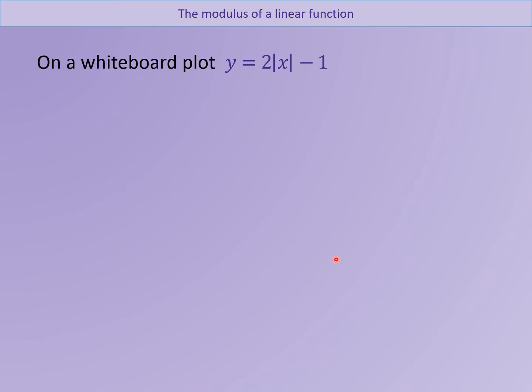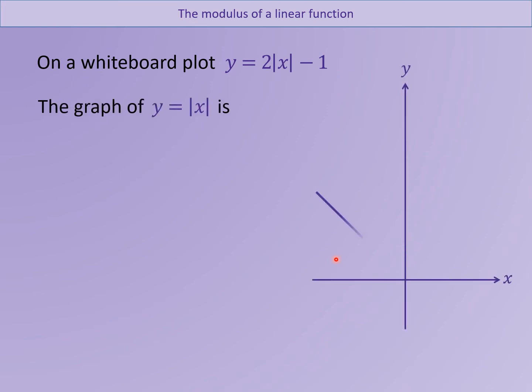Okay, so my starting position would be, think about what the graph of mod x looks like. So there's y equals mod x. And let's just do one bit at a time. What does the 2 do? What would you say 2 lots of mod x would look like? Well, we know that multiplying by 2, it's not inside the modulus function, so it's outside the function.